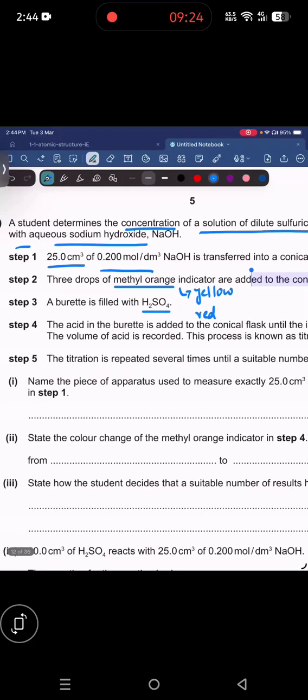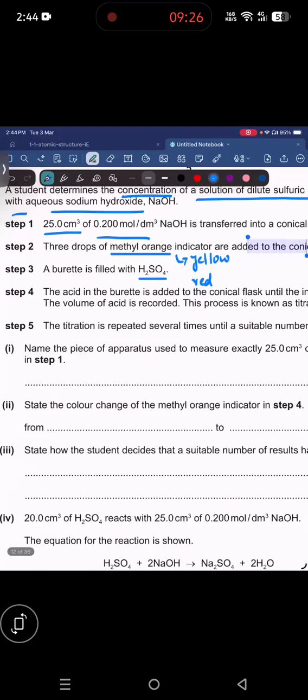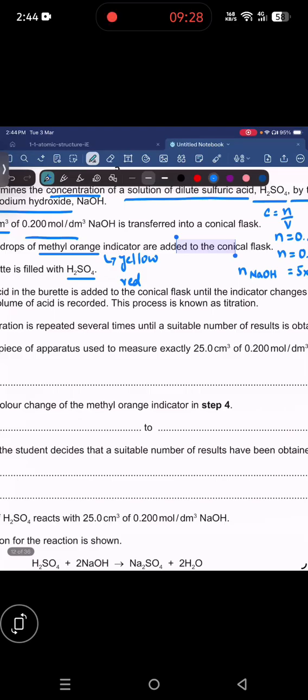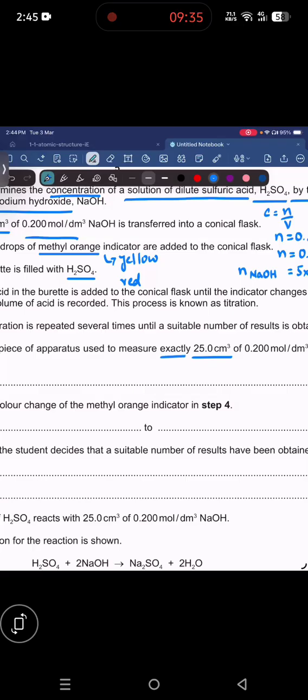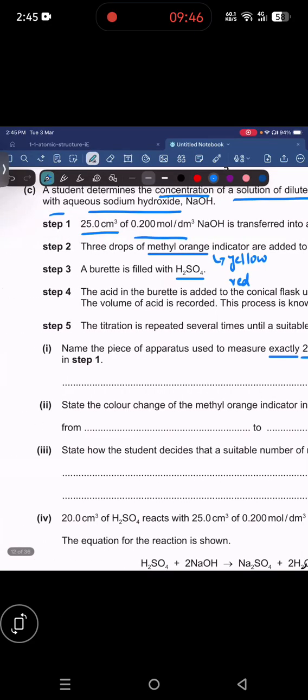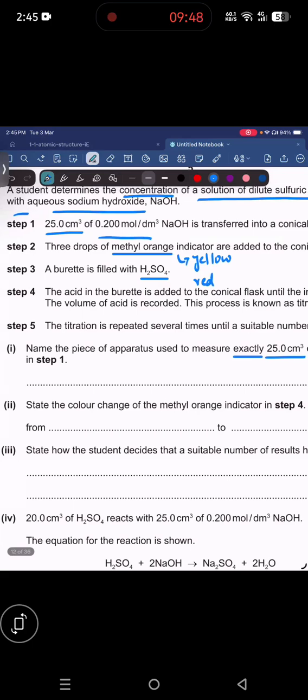Now, name the type of apparatus used to measure the 25 centimeter cube exactly. The word is here exactly 25 centimeter cube, which means there will be no mistake in the measurement. Exact measurement is required. So what apparatus can we use? Burette, pipette, conical flask, gas syringe, measuring cylinder.